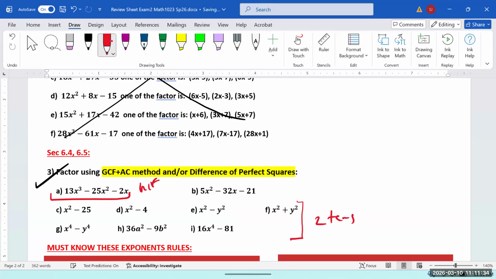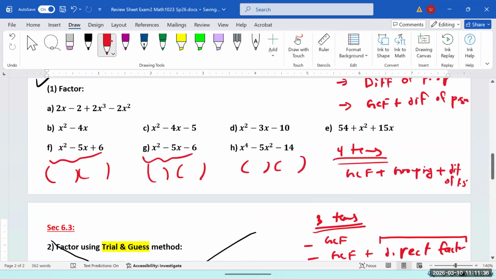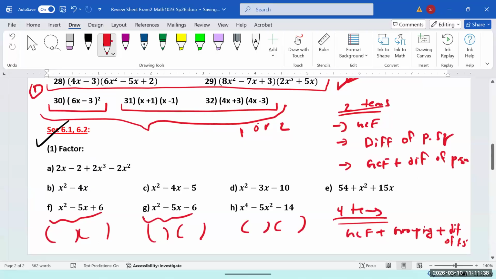Now in the two terms, I forgot about one more thing: GCF, difference of squares, and then we have double difference of squares. And that's it.